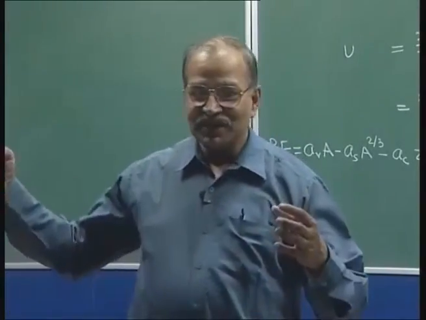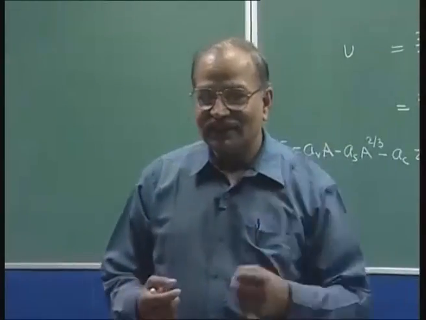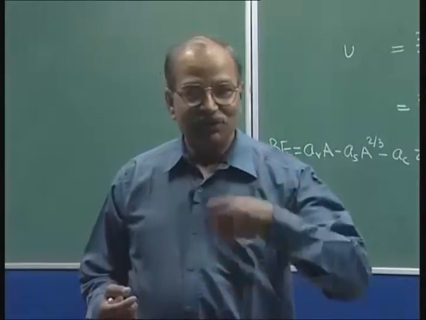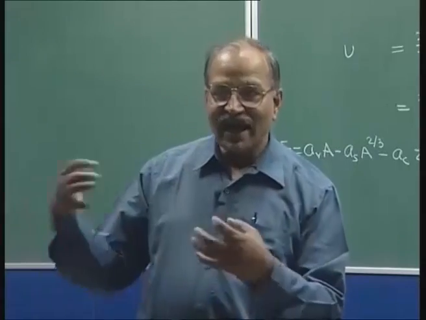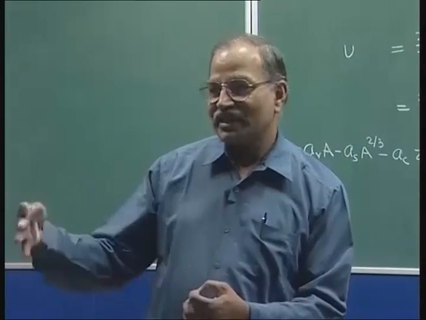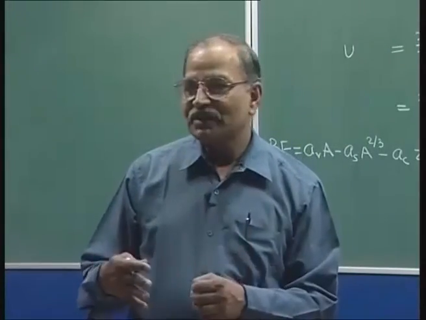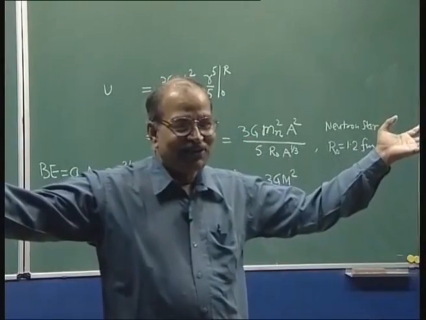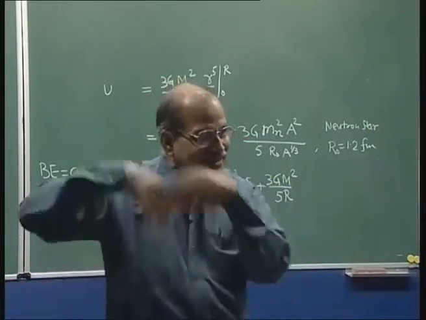The radius was measured using electron scattering or other experiments on those nuclei, and from there we had derived that radius goes as something like 1.2 femtometers times capital A to the 1 by 3. So, I am just taking this formula to neutron stars. We do not know whether it is valid there or not, but just let us take it there.